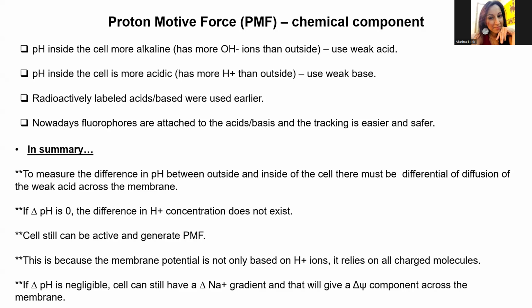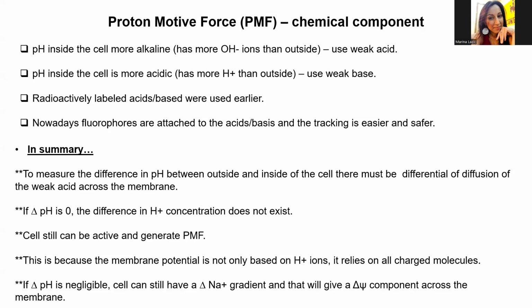How? Even if there is no difference, the cell still has membrane potential, because membrane potential is not only based on diffusion of H+ ions, it only relies on charge. If you think of what else can be monopositively charged, you will see that there is a sodium gradient that is used to give delta psi, which is the membrane potential.